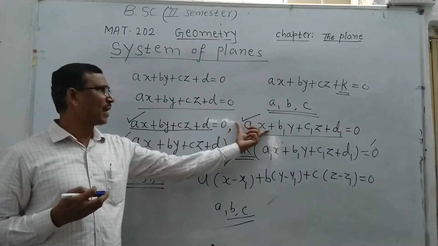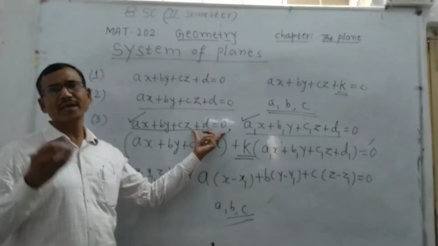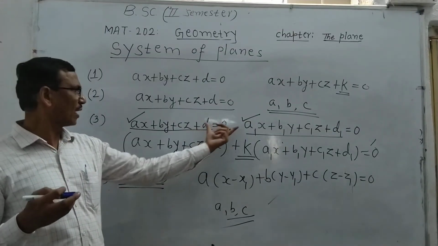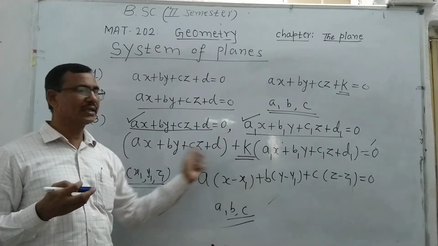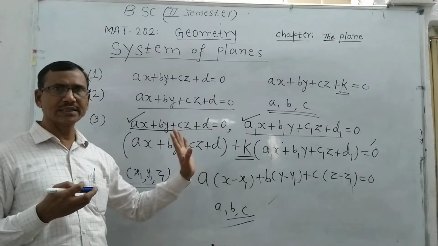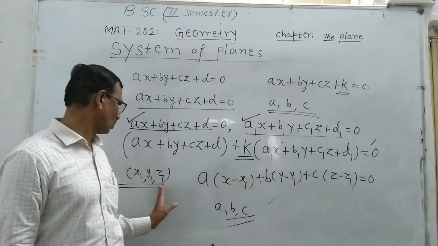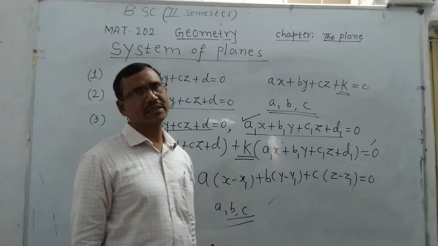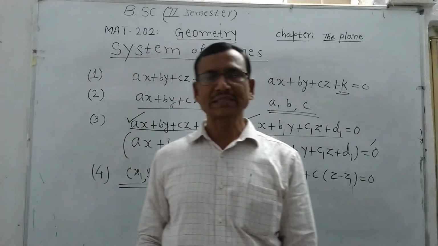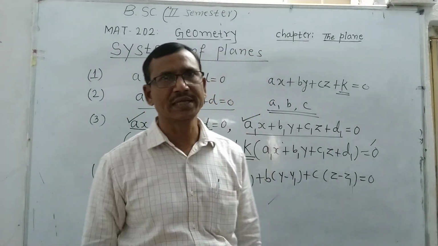And if two planes are given to you, then the equation of the plane passing through the line of intersection of these two planes is given by this equation, where k is a parameter, and this is the equation of the plane passing through the point x1, y1, z1. In the next lecture, we will solve some problems on this. Thank you.